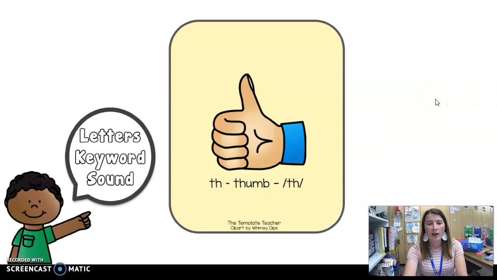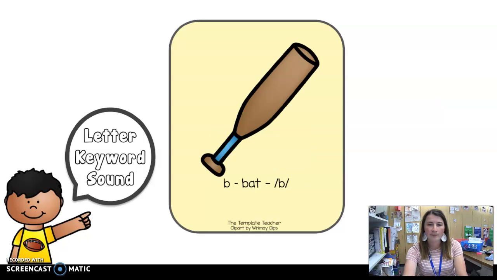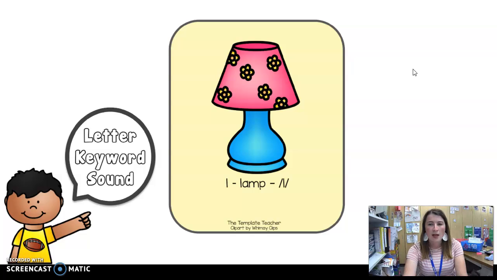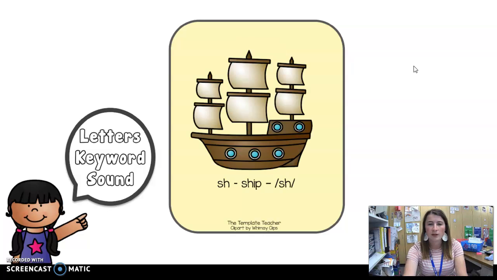Who is the digraph? CH, thumb. B, bat, b. Here's another vowel. I, itch, i. L, lamp. Here's another digraph. SH, ship, sh.